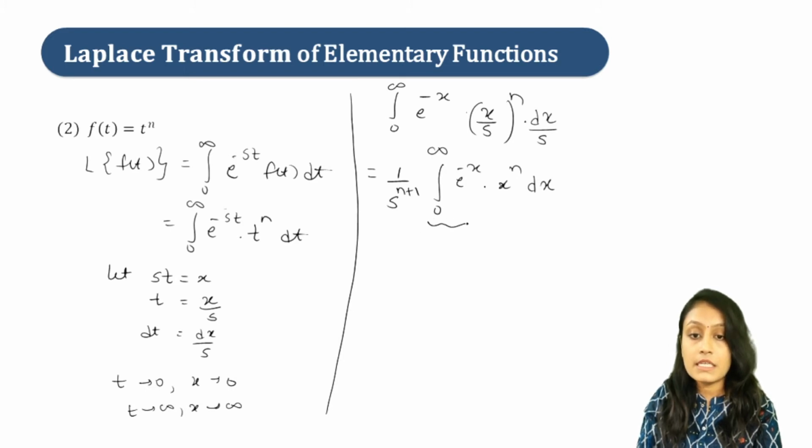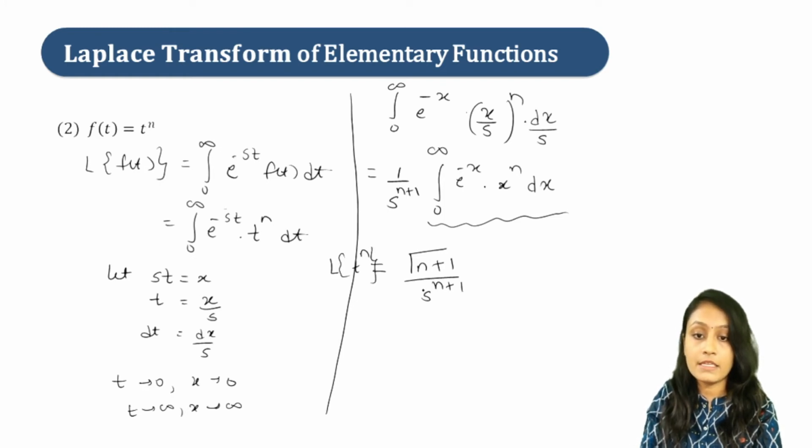Now this integration is a gamma function formula, which we have already studied in semester 1. So this is gamma n plus 1 upon s raised to n plus 1. So Laplace transform of t raised to n is gamma n plus 1 upon s raised to n plus 1.